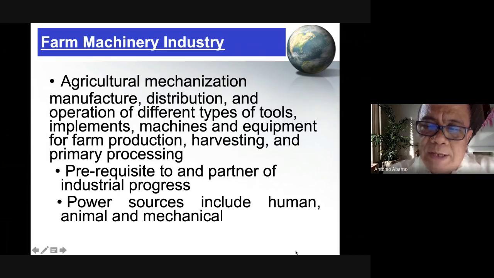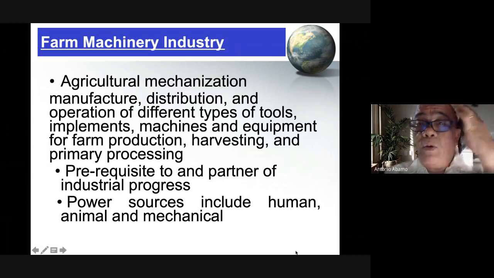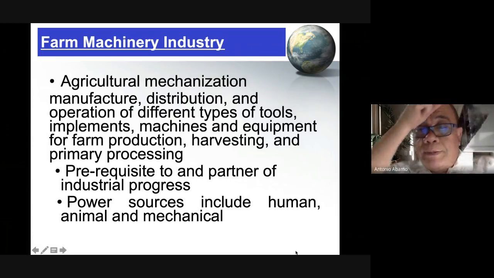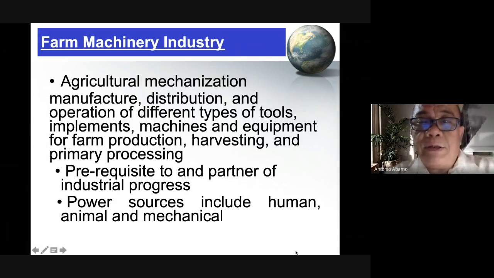As I have announced a couple of days or almost a week ago, there will be a change in the modality, or change in the delivery of the lecture. Starting January, I will be lecturing in asynchronous mode.